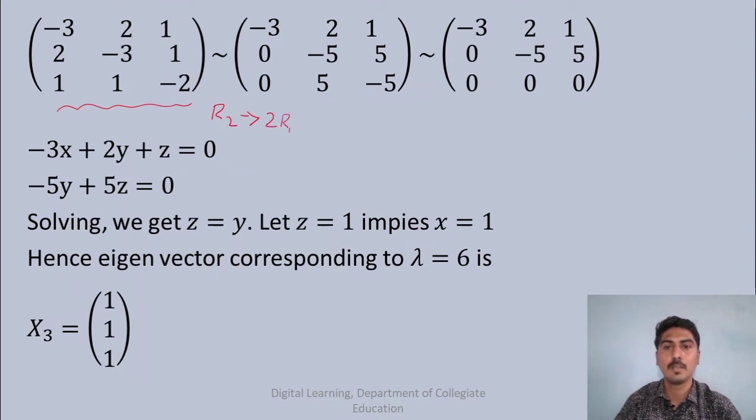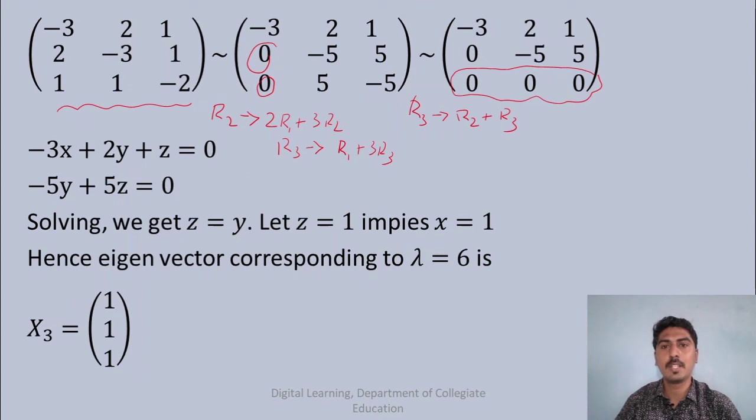If I change R2 by 2R1 plus 3R2 and R3 by R1 plus 3R3, I get 0 0 here. Next I can change R3 to R2 plus R3, so I get the third row as 0 0 0.